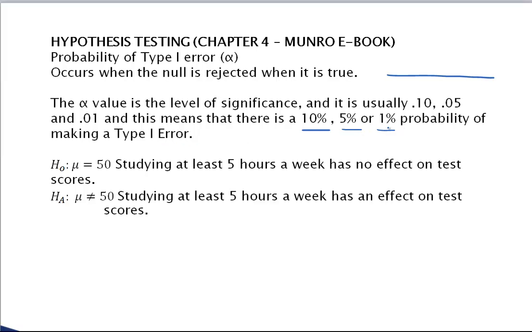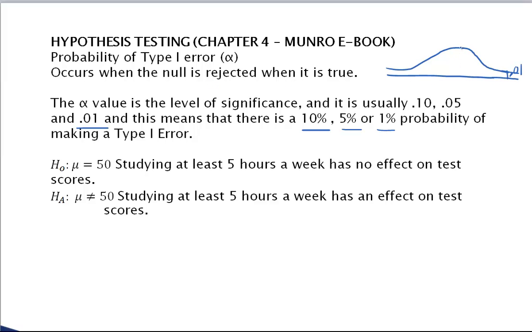So the smaller your rejection region, the less likely you are to make a type 1 error. If you're all the way out at 1% or 0.01, you're way out in the tail, so it's not likely that you're going to get a type 1 error, only 1% of the time, statistically speaking.